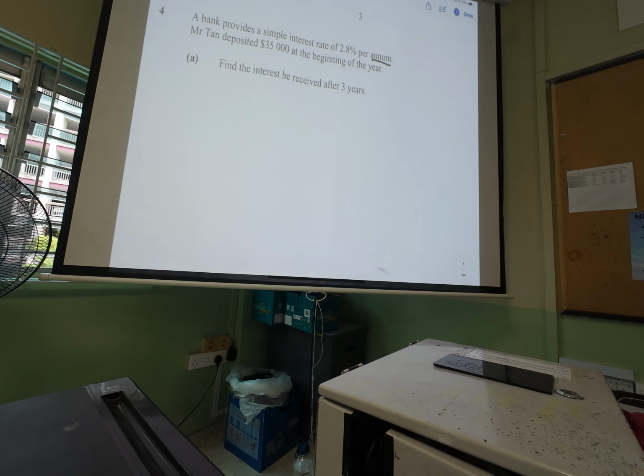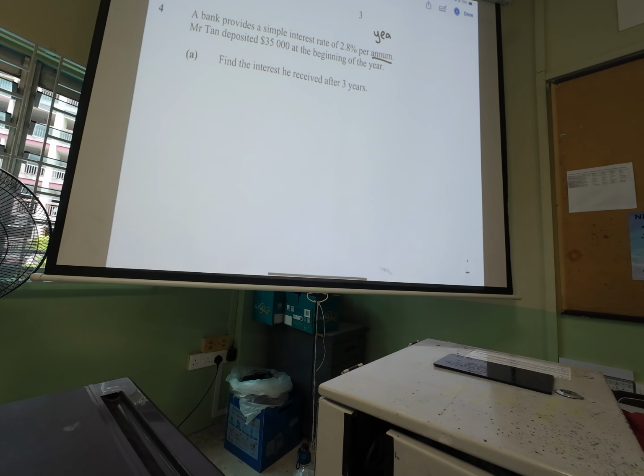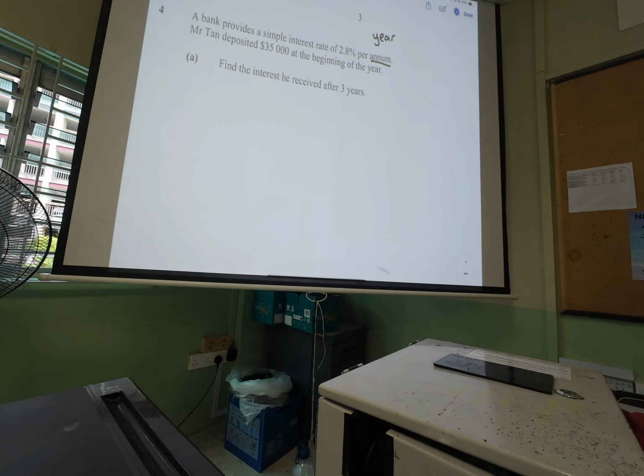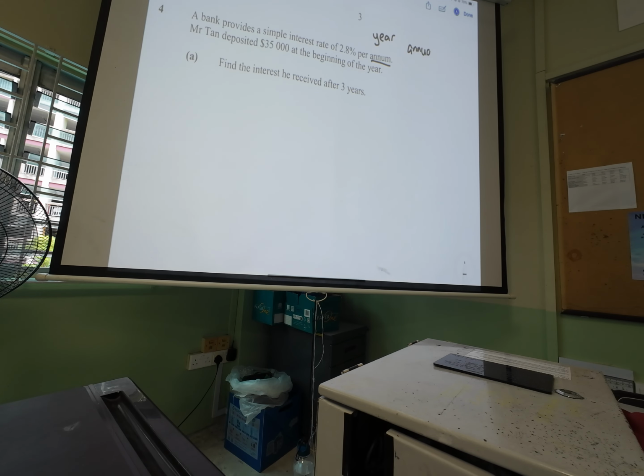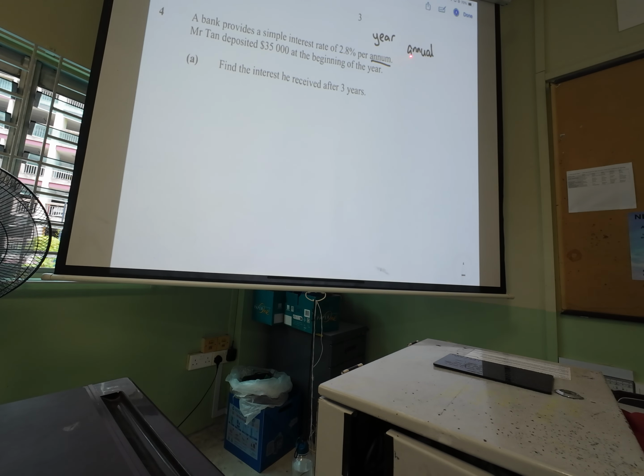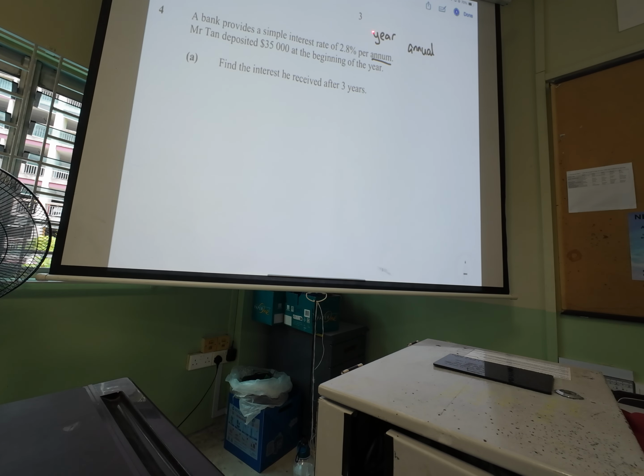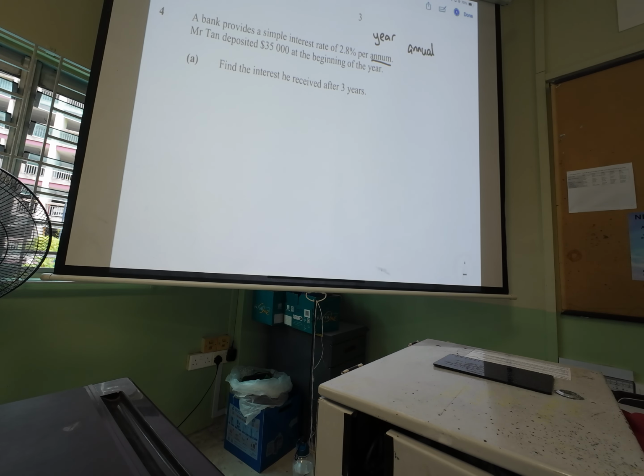Then this one we went through in class before also. Per annum means per year. It is the same as annual. Annual means every year. So annual, annum, all these are related to years. So 2.8% per year. Every 1 year 2.8%.